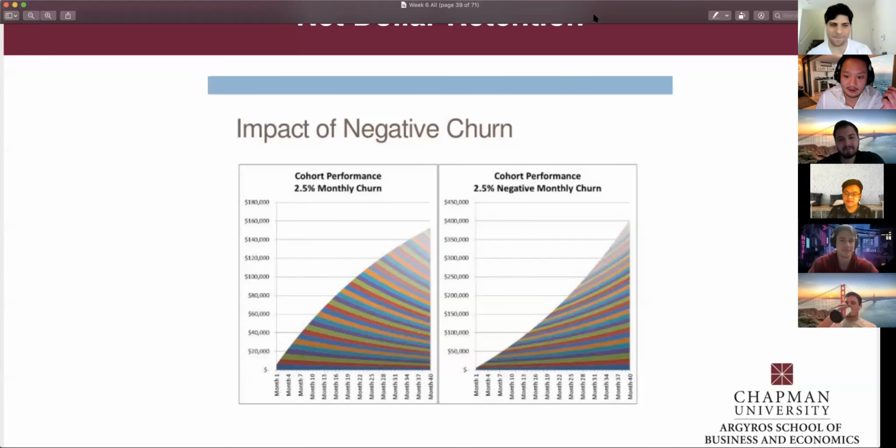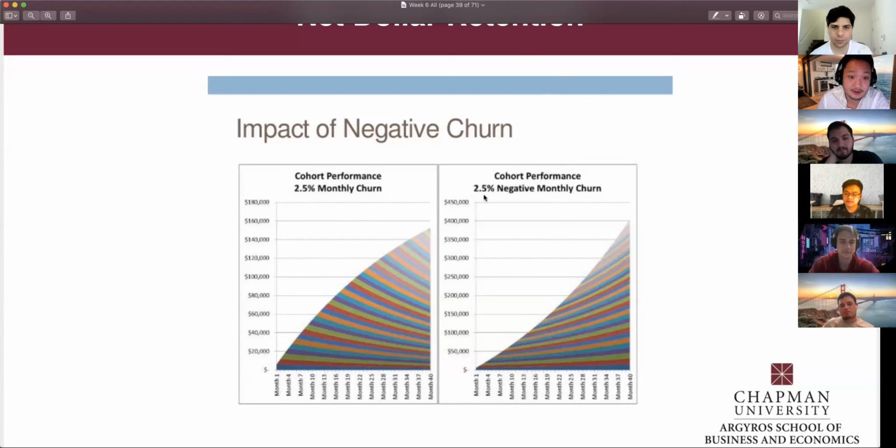Okay, so this is the power of negative churn, meaning that every single month you're adding customers rather than losing customers. As you can see here, after a little bit more than 3 years, you have one business generating close to $400,000 in revenue, and another one that's probably at about 150.